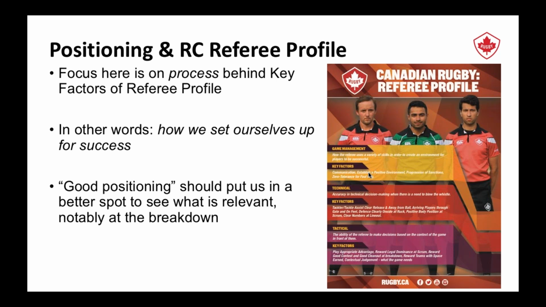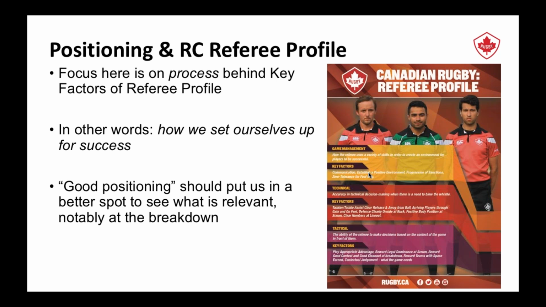Basically, I put good positioning in quotations because the reality is there's no perfect position. There are general rules that can be applied that will hopefully help us put ourselves in positions to see what's relevant. Good positioning should put us in a better spot to see what is relevant, notably at the breakdown.